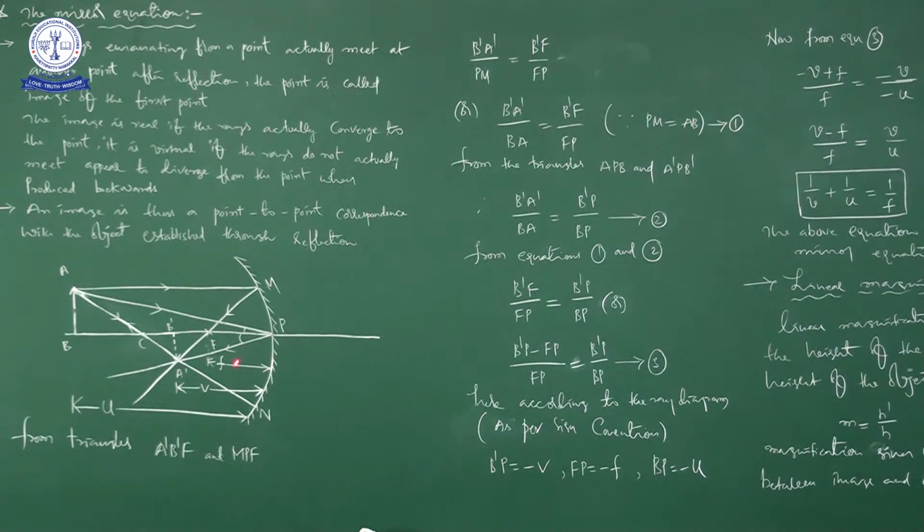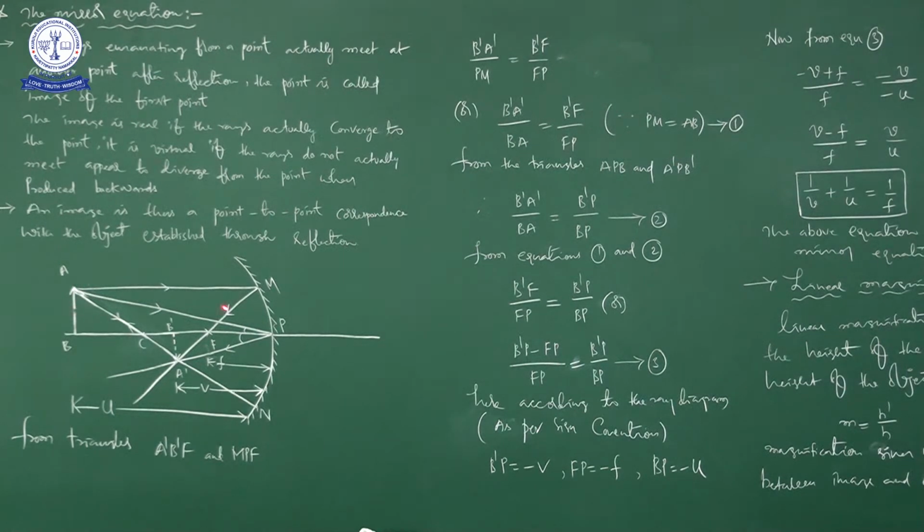When these three light rays meet at some other point, here we are getting the image of the object, that is A dash B dash. So AB is the object, A dash B dash is the image, the image of the extended object AB.